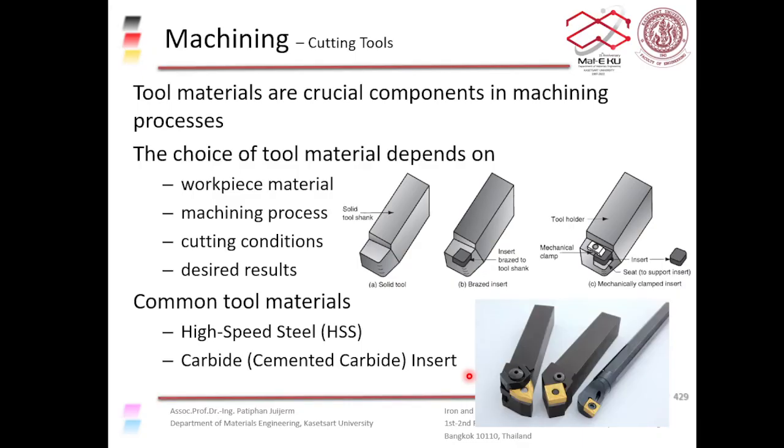And the carbide tools usually maintain their hardness at high temperature really well compared to high speed steel, right? So it can be used to cut material at high speed. High cutting speed usually produces high temperature, but because the carbide cutting tool can withstand high temperature really well, you can use it at high cutting speed.